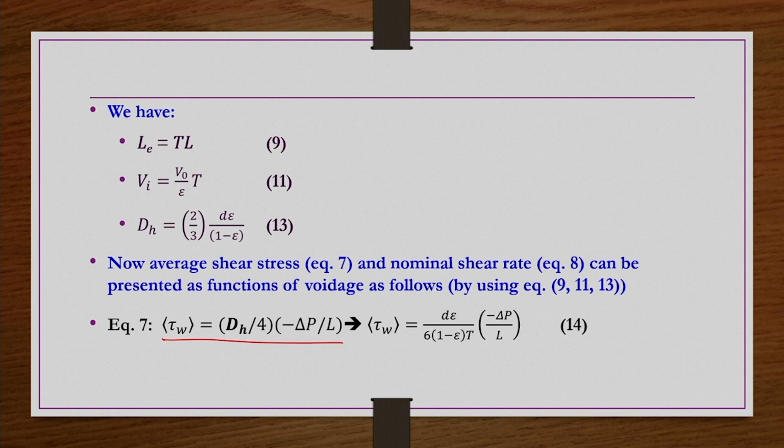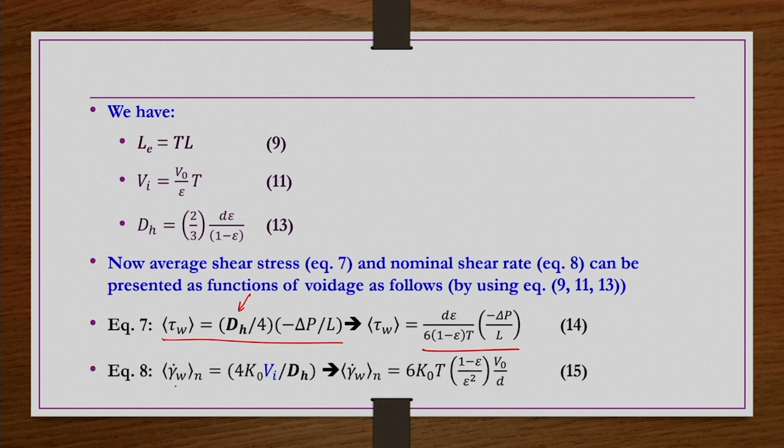So, when you substitute, tau W is dH by 4 times minus delta P by L, dH you substitute from equation number 13 here, and then you simplify. So, the average tau W you get is this one. Similarly, the average nominal shear rate gamma dot Wn is this one, 4 K naught Vi by dH. Vi you substitute as V naught by epsilon T, dH you substitute as 2 by 3 d epsilon by 1 minus epsilon, and then simplify. So, then you get this one.